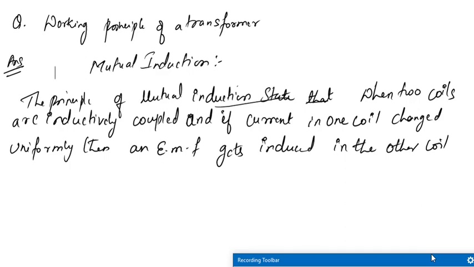We have two coils and these two coils are mutually coupled. We supply an AC current to one coil, which in turn induces an electromotive force in the other one. This is what we call mutual induction. So one coil is inducing the other coil by producing an electromotive force.